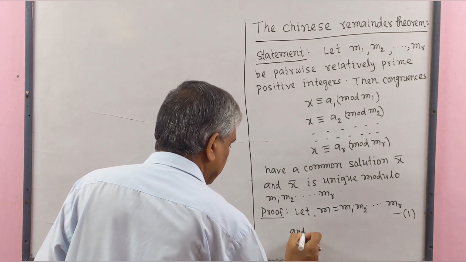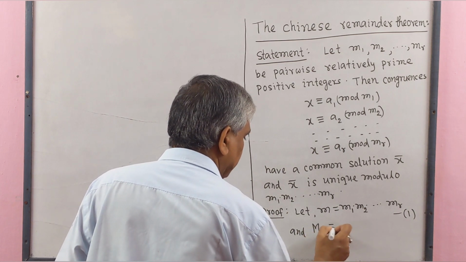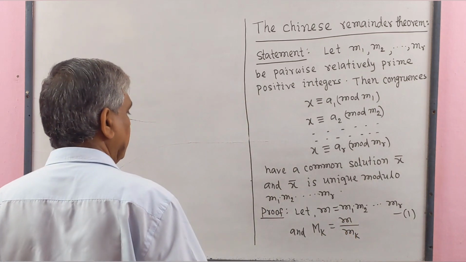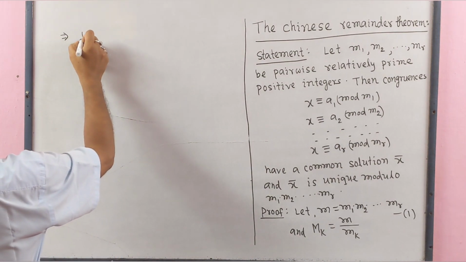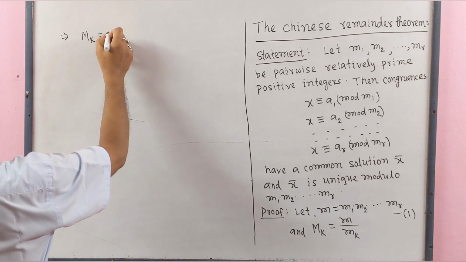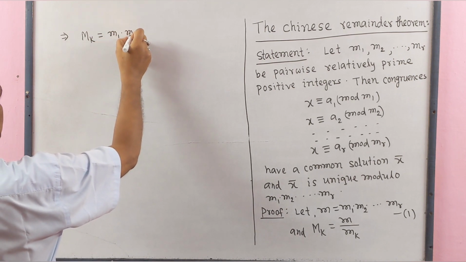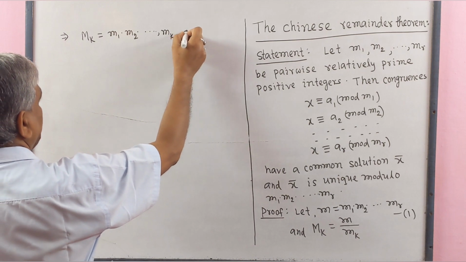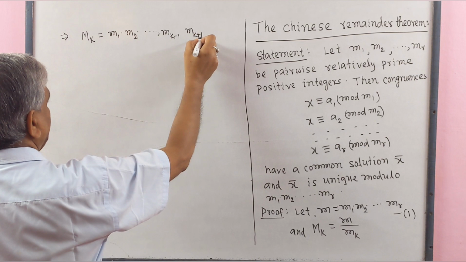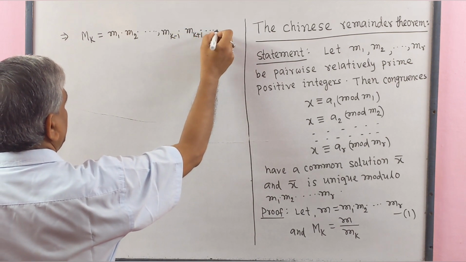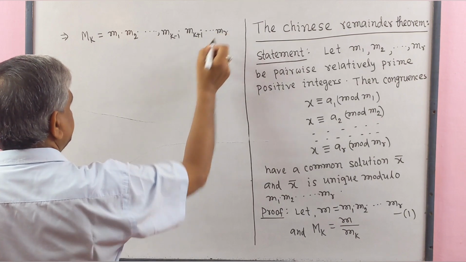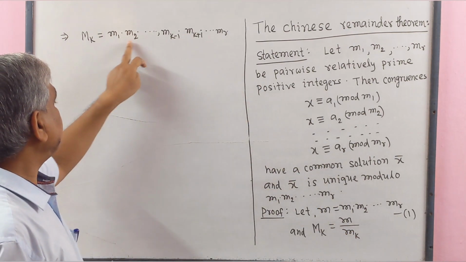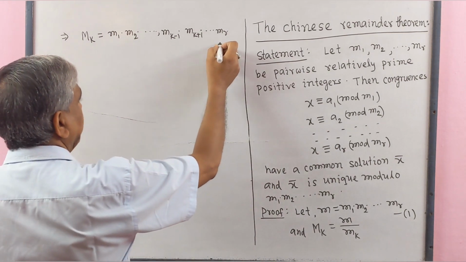And capital Mk equal to m by mk implies that capital Mk equal to m1 multiply m2 multiply ... mk minus 1, mk plus 1 multiply ... multiply mr. Here we do not include small mk in this product. Let this is number 2.